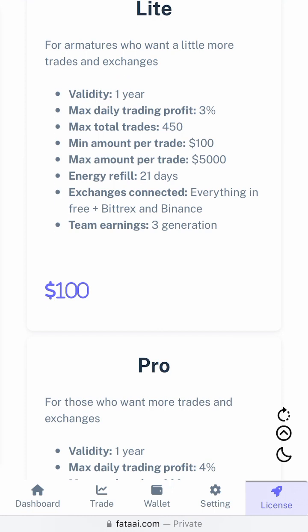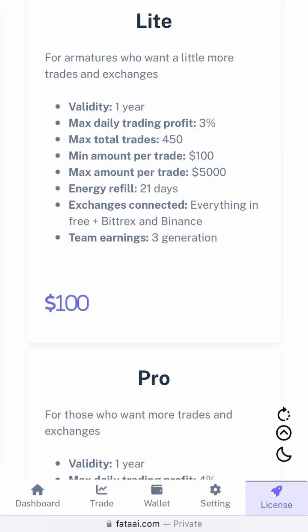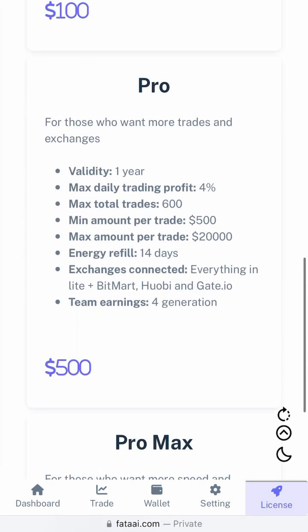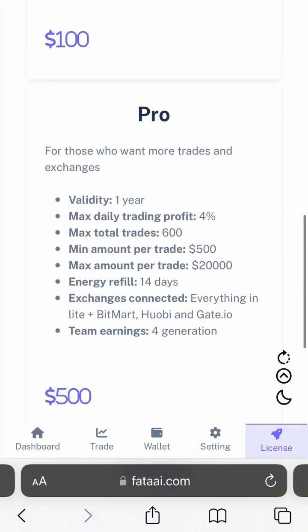And now your team earnings is up to 3 generations. So you are not just making from the people you refer directly. Even the people that those people referred, you will be making something from them. You're making indirect profit. You make 5% from every purchase of license they do. You make 30% from your direct, that's the person you refer directly.